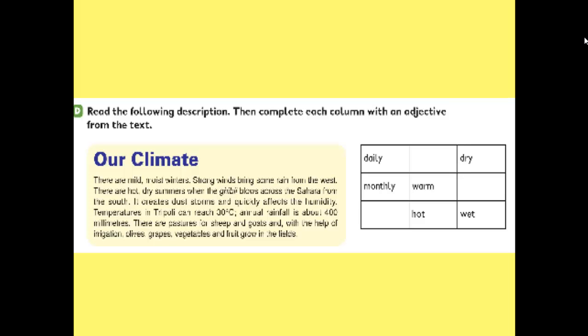The first column describes the time. The second one describes the temperature. And the third one describes the atmosphere around us. Daily, monthly, annual. Cold, warm, hot. Dry, moist, and wet.